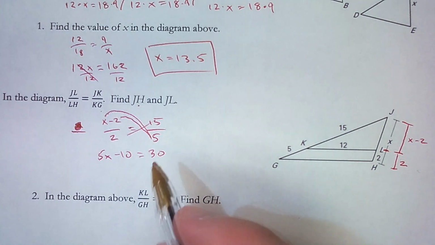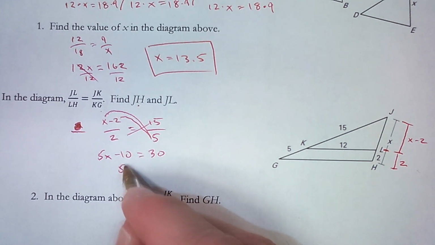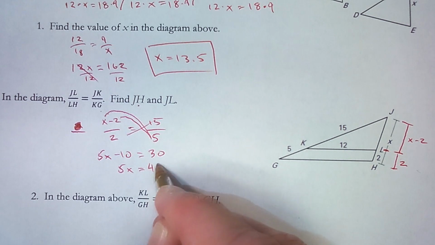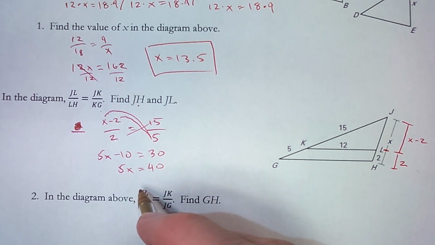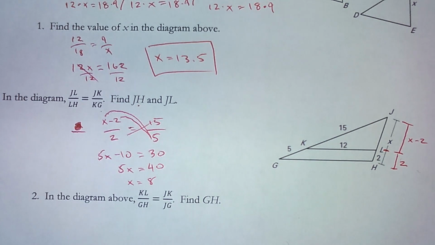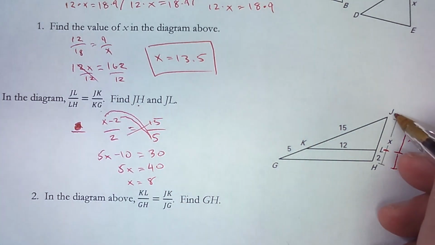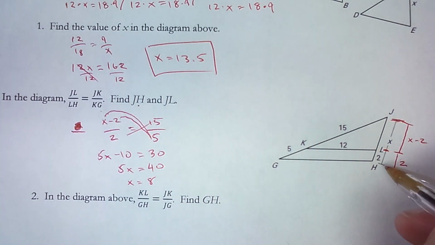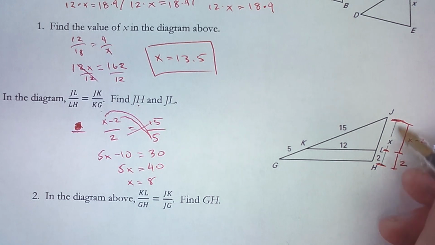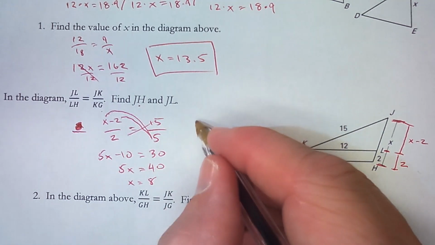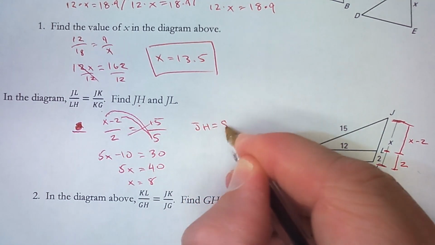So I will add 10, 5X equals 40, and divide by 5. So X is 8. Now we want the length of JH. JH goes from here all the way down to here, and that length is X. And X is 8, so JH equals 8.